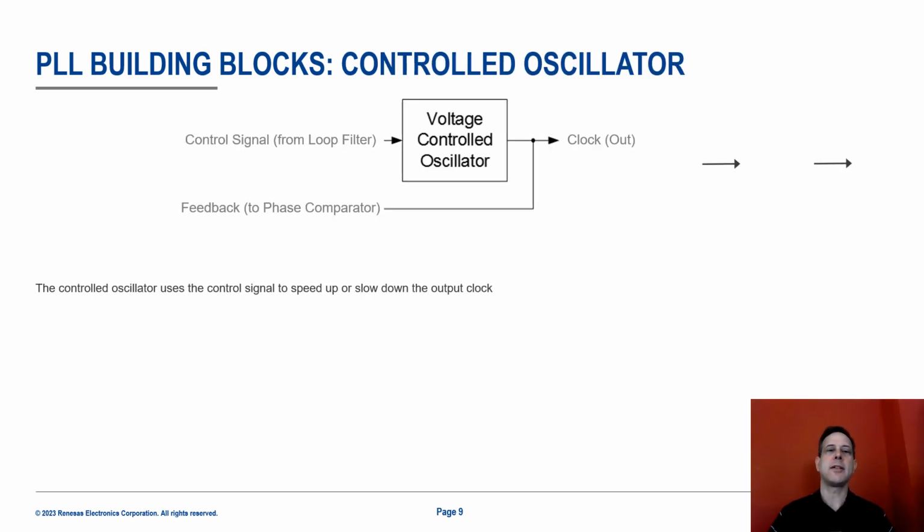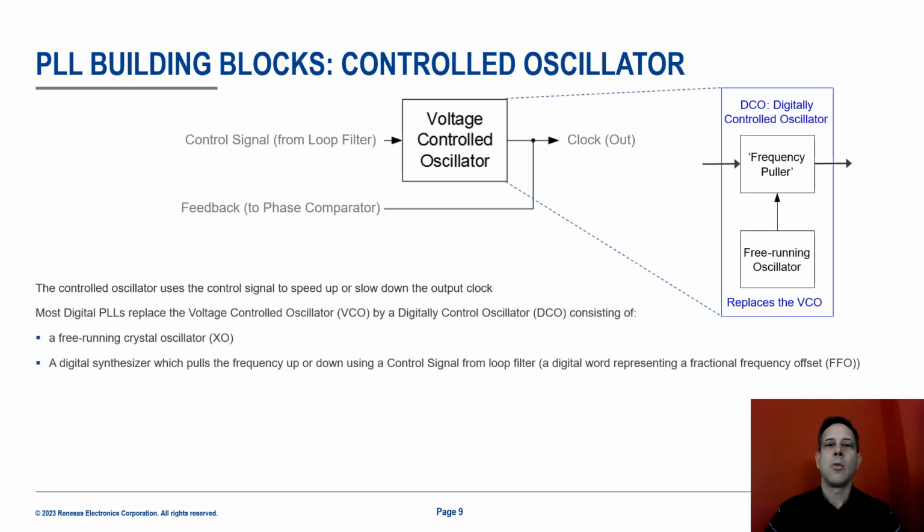Finally, the control signal from the loop filter is used to control a voltage control oscillator, or VCO. The VCO is sped up or slowed down based on the signal coming from the loop filter. With digital implementations of a phase lock loop, the VCO is replaced by a digitally controlled oscillator, which uses a frequency puller to speed up or slow down a free-running oscillator.